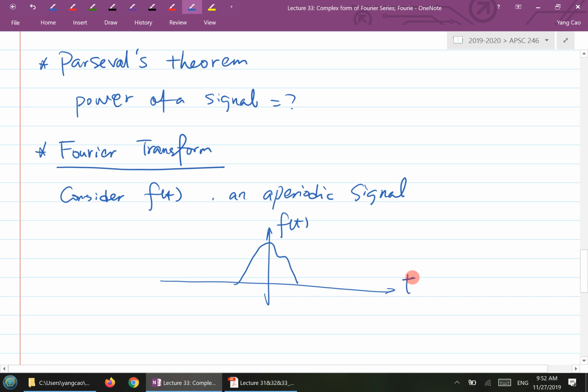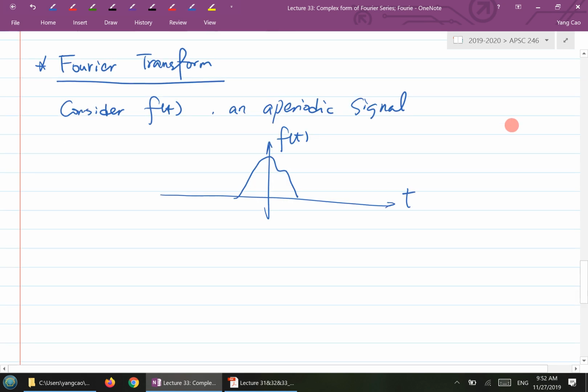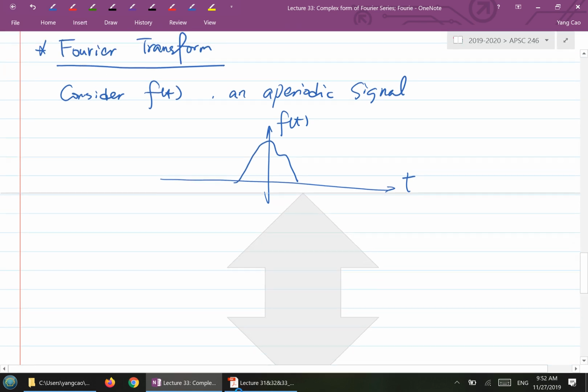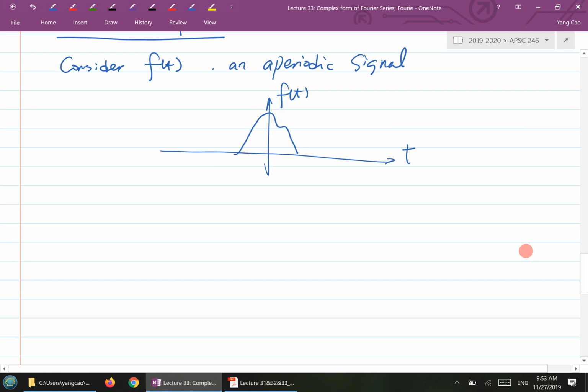But I want to associate this aperiodic one with a periodic one, so that I can derive the results out of a periodic function. So this time, what I'll do is make a copy of this f of t.